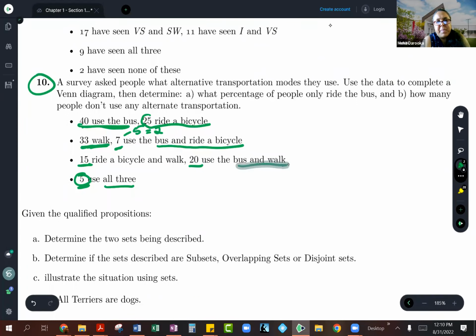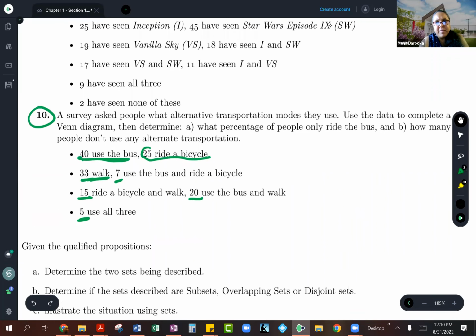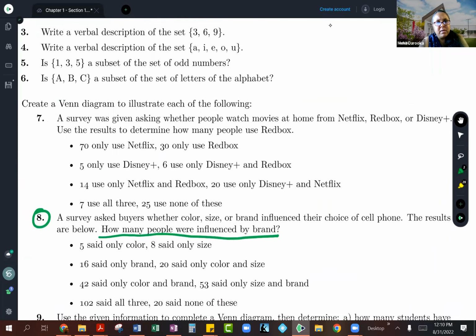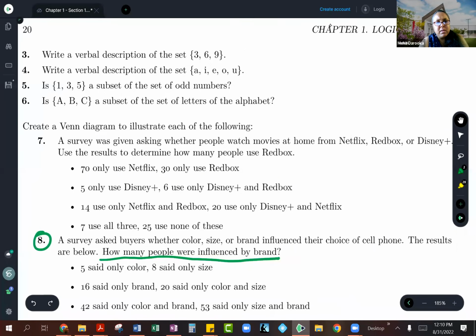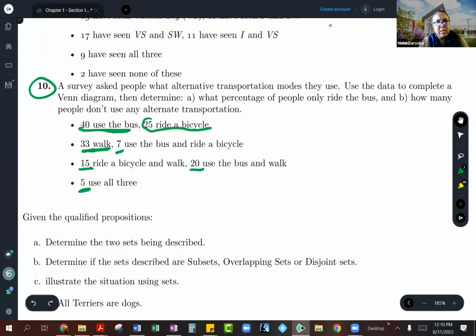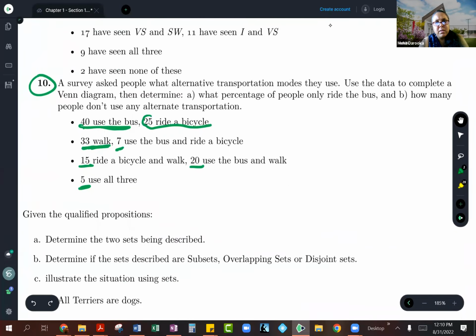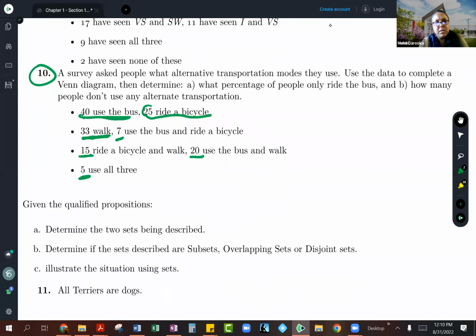I'm not seeing any mention of total number of people either. Something doesn't seem right here because we should have a number for the outside.